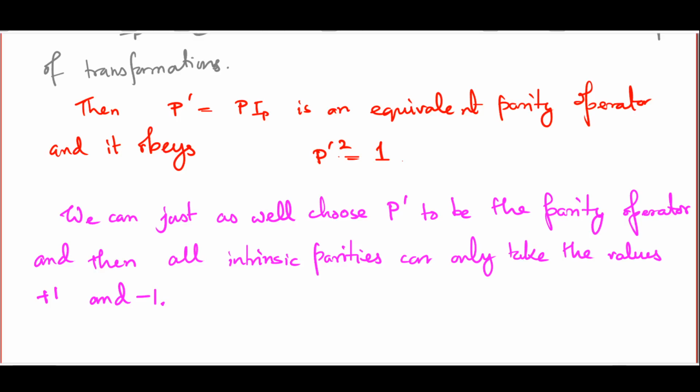Of course, one thing has to be clearly borne in mind. This last redefinition that we talked about, the one which makes P prime square equal to 1, can be carried out only if P square, which is an internal symmetry operation, is part of a continuous internal symmetry group. It could even be that it's part of some other internal symmetry group which has nothing to do with B, L and Q. If that were the case, then of course there will be no conflict between these two redefinitions.